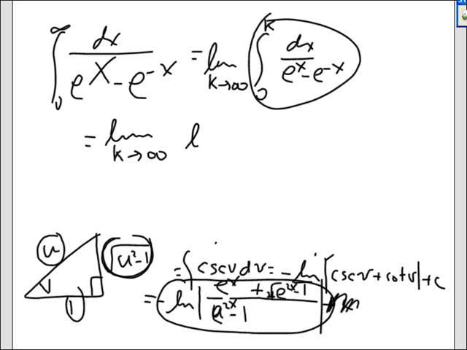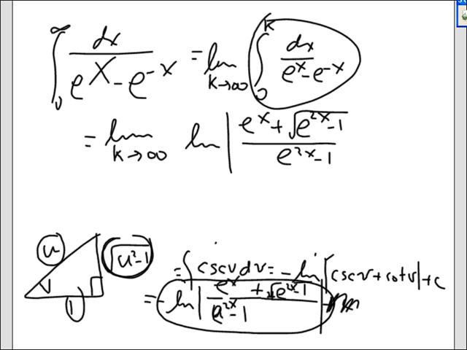I'm going to ignore the minus, so it's ln of e to the x plus the square root of e to the 2x minus 1, over e to the 2x minus 1. And we are going to integrate not from 0 to k, because I ignored the minus, but rather from k to 0.